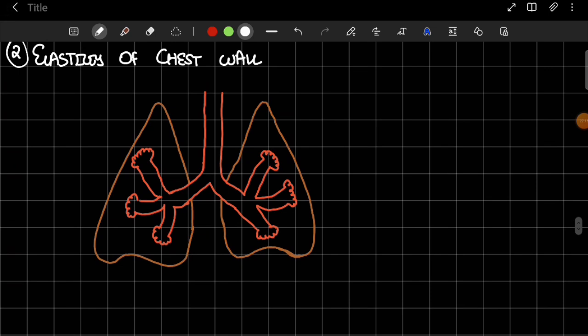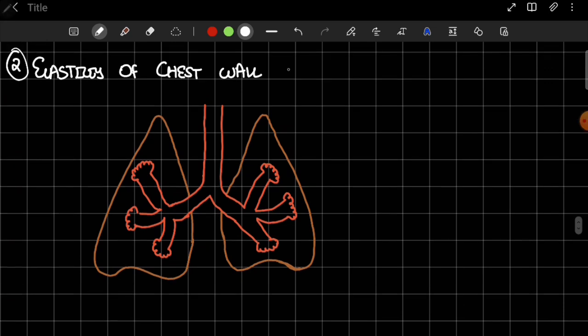Now, elasticity of the chest wall. If the patient is suffering from kyphosis, or one more disease, scoliosis. In this case, we will take kyphosis.